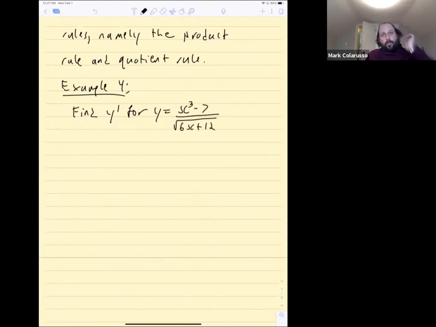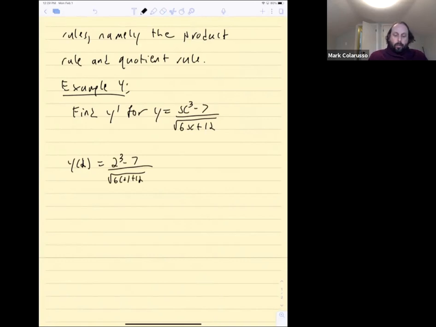Now for this function, let's play our little plug-it-into-your-calculator game. If you were computing y at 2, this would be 2 cubed minus 7 divided by the root of 6 times 2 plus 12.